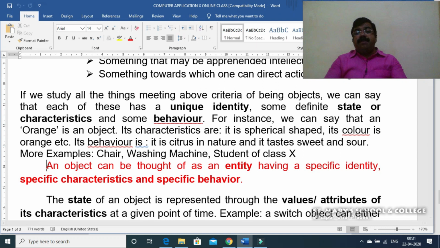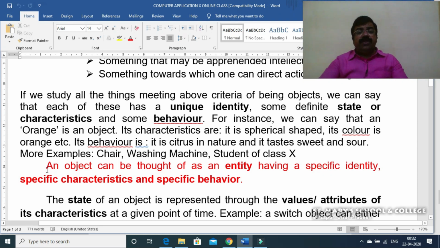An object can be thought of as an entity having a specific identity, specific characteristics, and specific behavior.